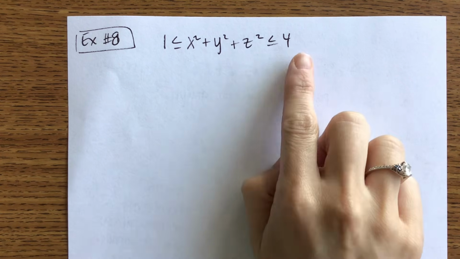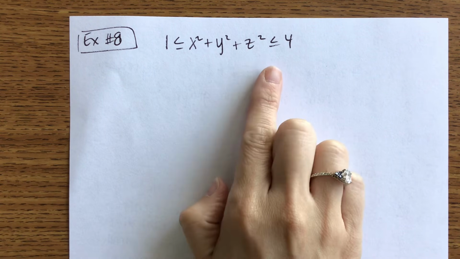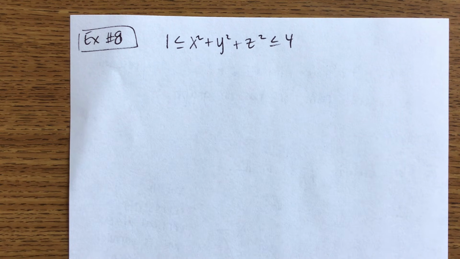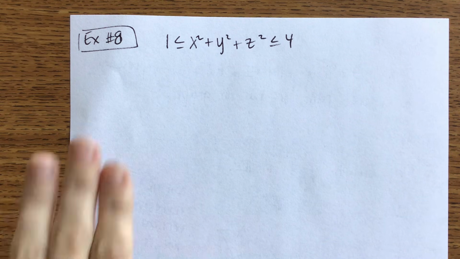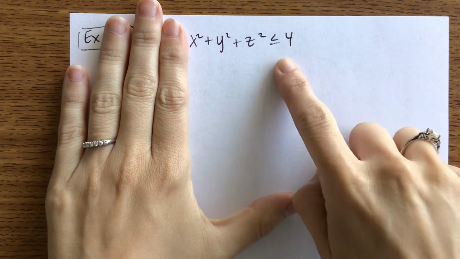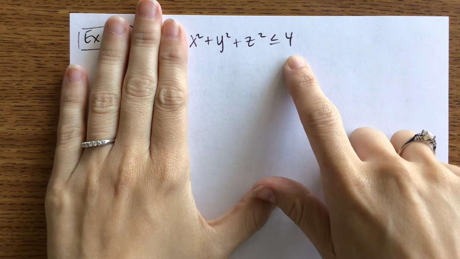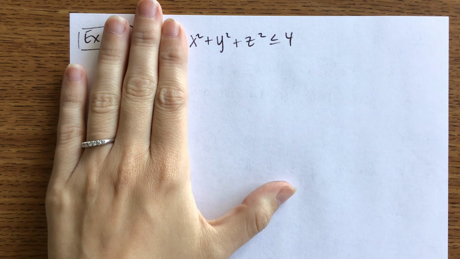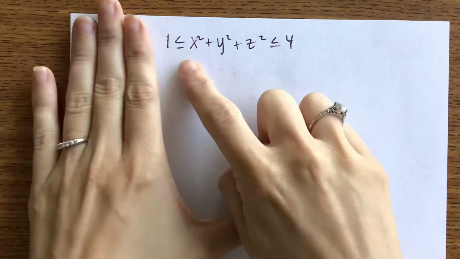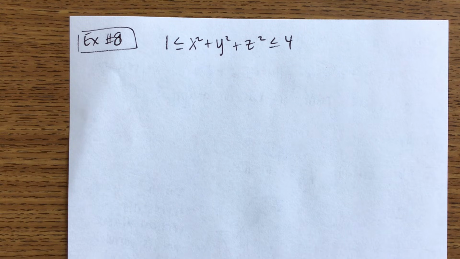Okay, this is obviously spherical. What happens when we introduce the inequalities? What's this? It's a sphere with the inside filled in, but then we're cutting out the middle. Okay.